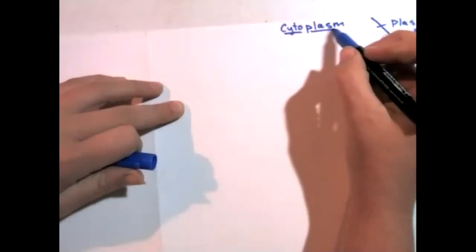Cyto for cell, plasm, some kind of fluid. The cytoplasm is kind of like runny jello in which all of these other organelles are suspended. Making the protein itself, reading the recipe, putting the ingredients together, cooking the protein, happens in the cytoplasm, but the recipe is stored here in the nucleus.